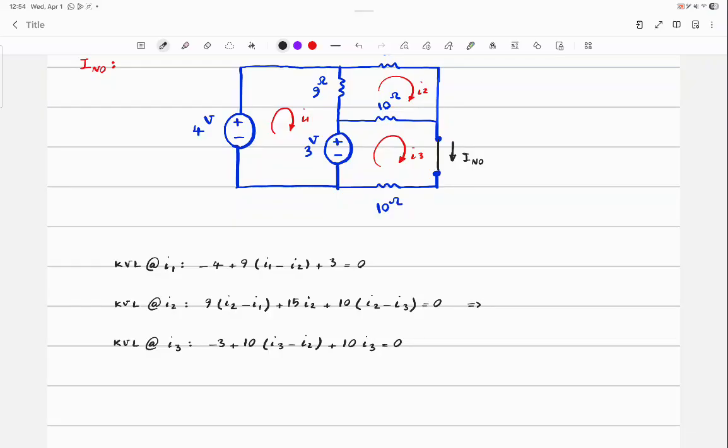3 equations, 3 unknowns. Which one are you interested in? Only I3, right? So give me the value of I3, but please do it on your calculator. Don't give me the value that we already have.